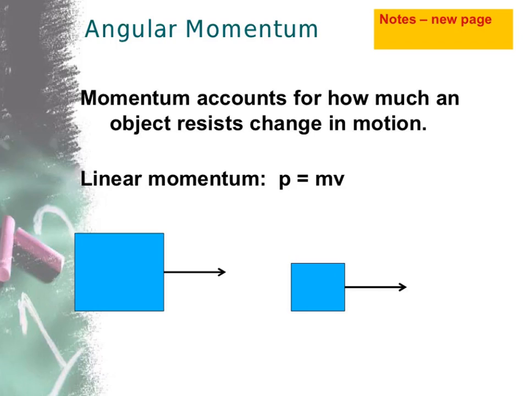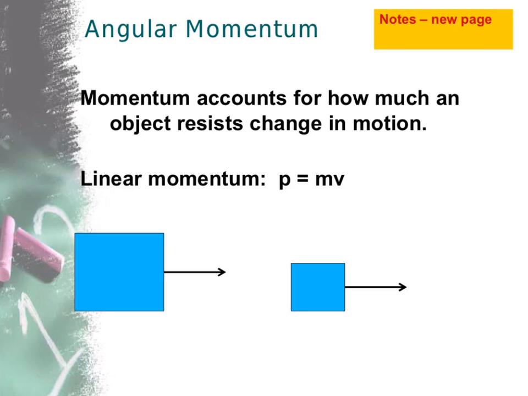I need to talk to you a little bit of review about momentum that we learned in Unit 4, and I want to remind you that momentum is a quantity that accounts for how much an object resists change in motion. So if you have a big box and a small box, and they are both traveling at velocity v, well, one of them is going to be able to resist change in its motion a lot more than the other.